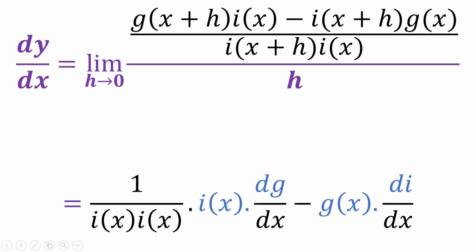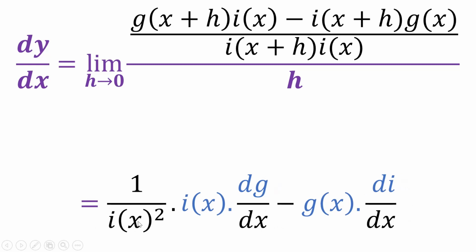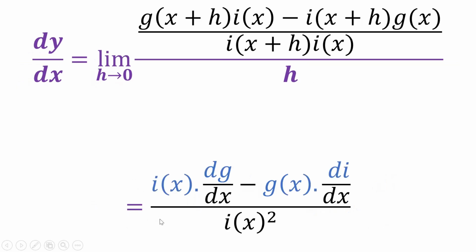Now, I of x multiplied by I of x is I of x squared. So our fraction reduces to this. We can also simplify this by picking the whole terms here and dividing it by I of x squared. And when we do that, we move to this point.